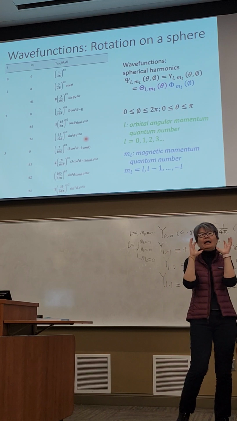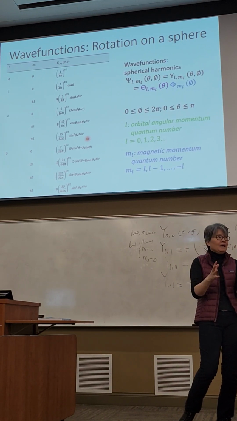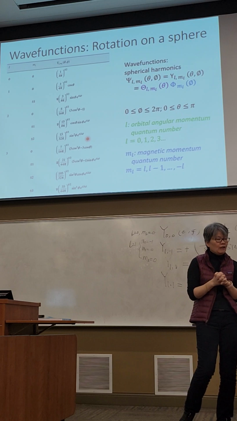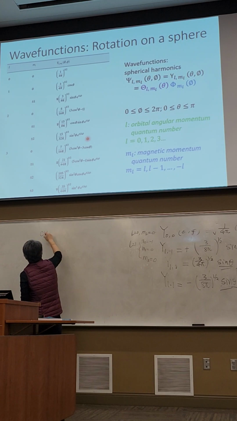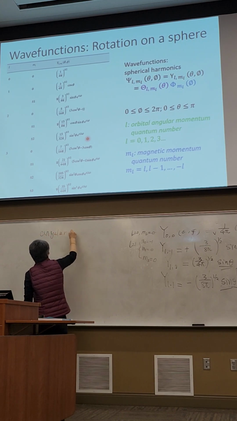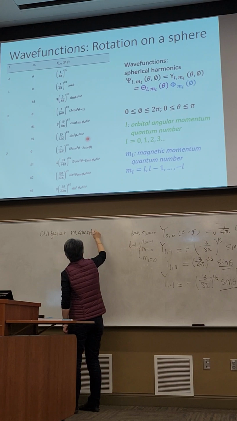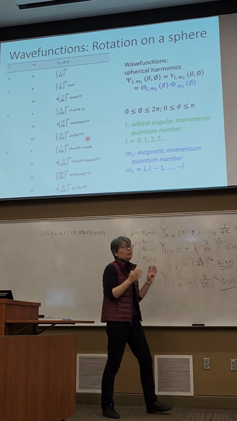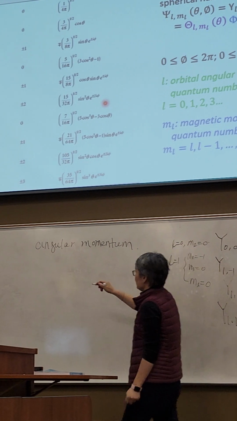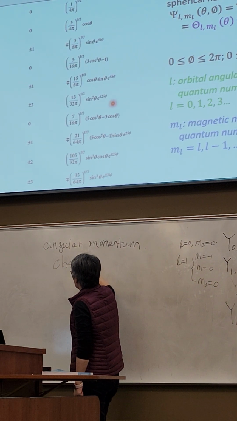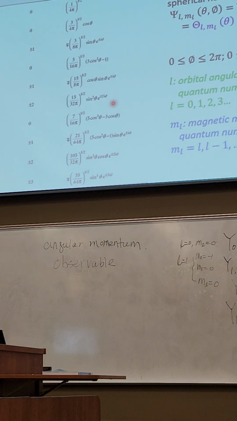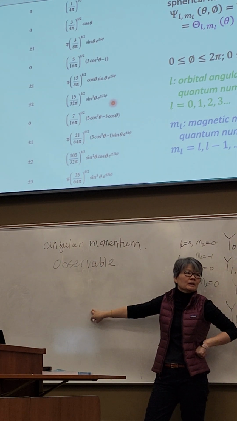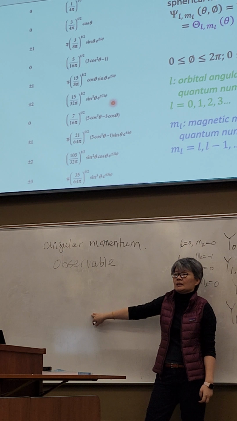So we're talking about angular momentum, if you have a motion in 3 dimensions. Okay, so when we say angular momentum, this is an observable, which means you can measure it. If it's observable, what symbol do we use in physics?